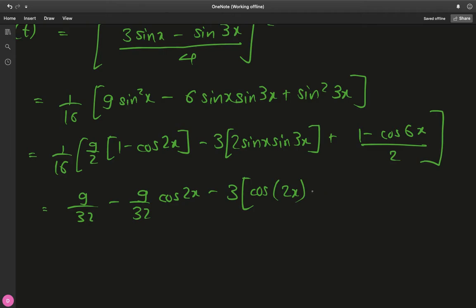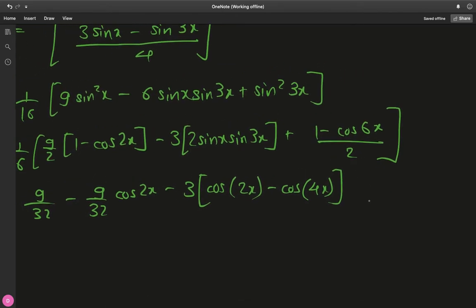So cosine of 2x minus cosine of x plus 3x, which is 4x. Plus half minus cosine of 6x over 2.